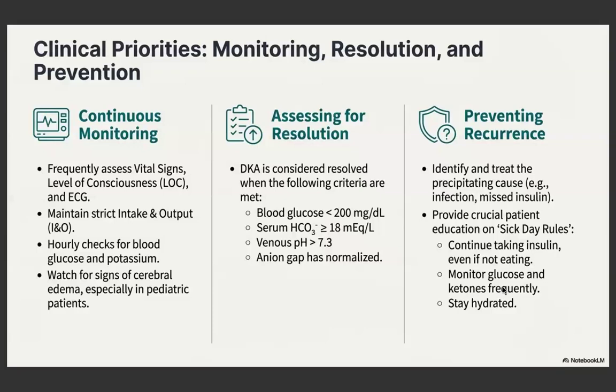And then we have to make sure that we're figuring out what is it that caused this to happen? How do we prevent it from happening again? Are they doing their sick day rules? These are going to be very important for our diabetic patients. We will make sure that we go over them in the next video, all about sick day rules, what they are, how they work, and how they prevent DKA.